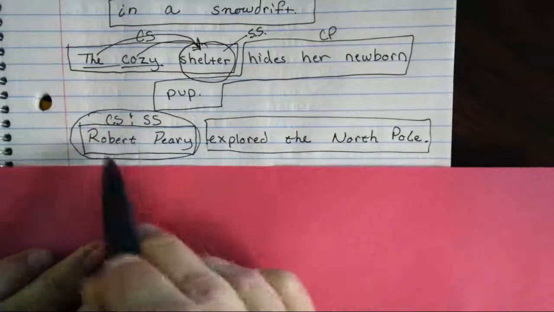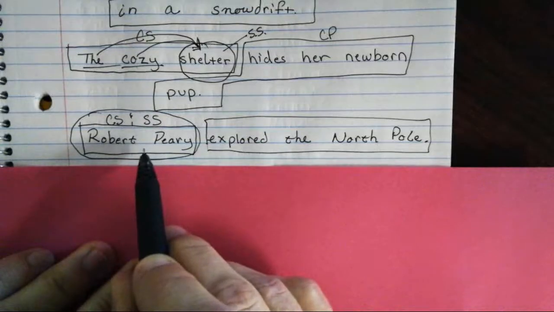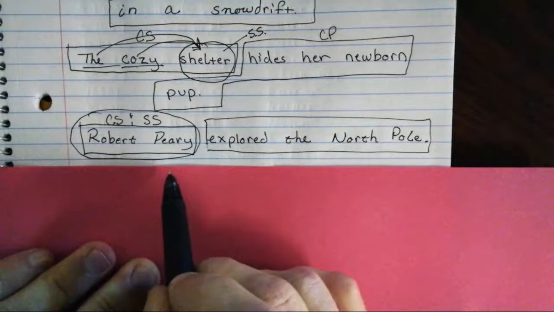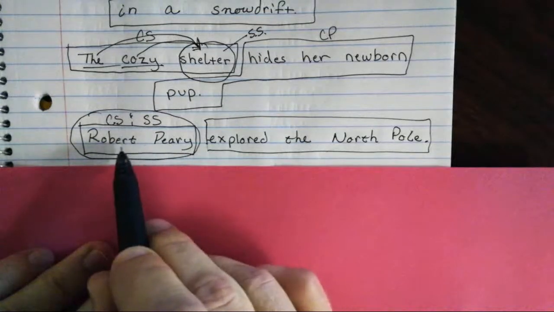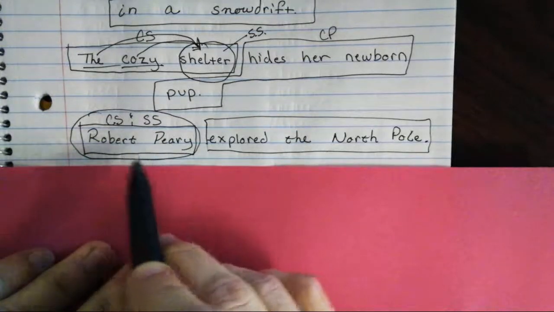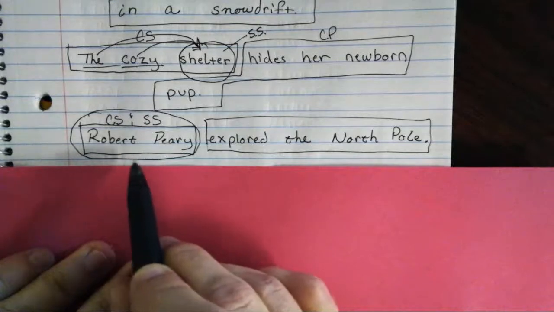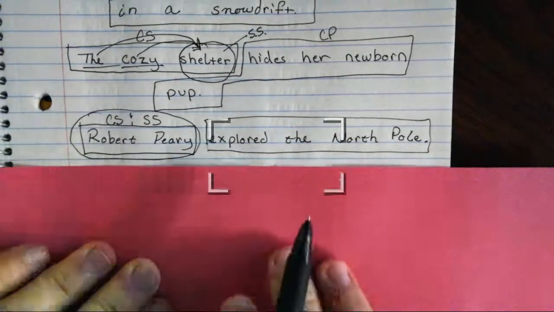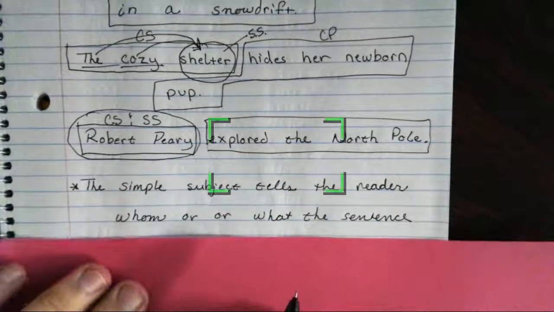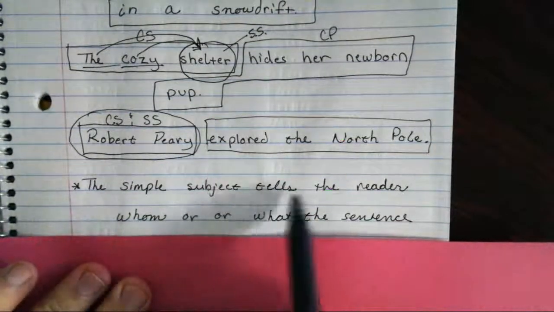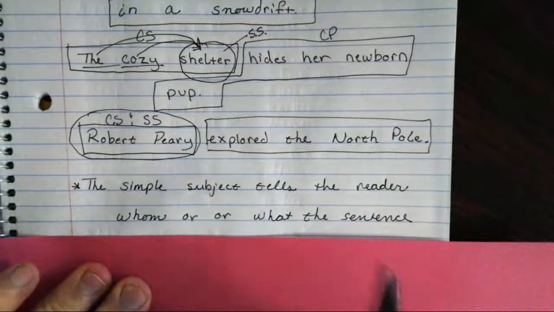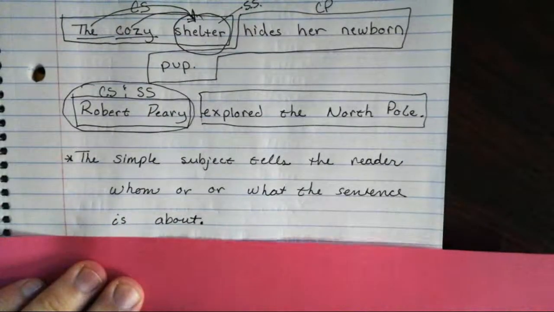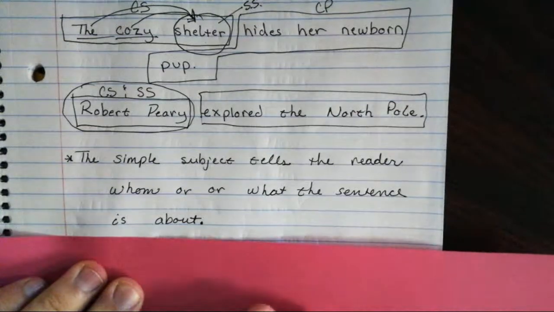It's also considered the complete subject. Okay. But here we have someone's name, so it's okay to have just one or two words as long as it's only the simple subject for today's exercise. So go ahead and take this down. The simple subject tells the reader whom or what the sentence is about. Okay, so go ahead and copy that down. If you need to pause this, do so.